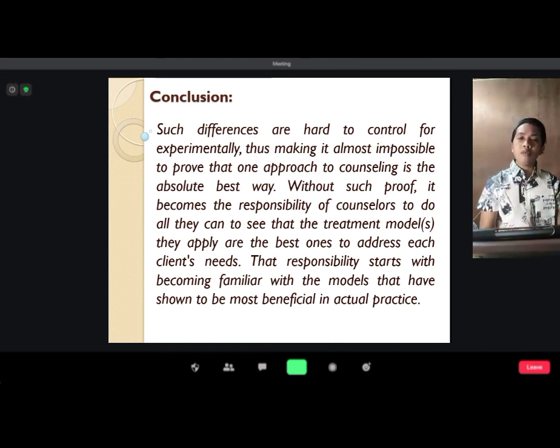So, without such proof, it becomes the responsibility of the counselors to do all they can to see that the treatment models they apply are the best one to address the client's needs. So, that responsibility starts with becoming familiar with the models that have been shown to be the most beneficial in actual practice.